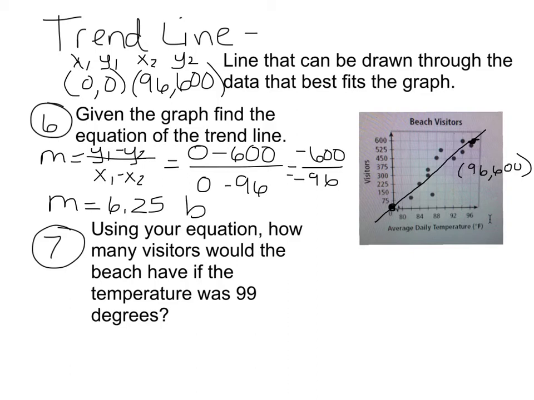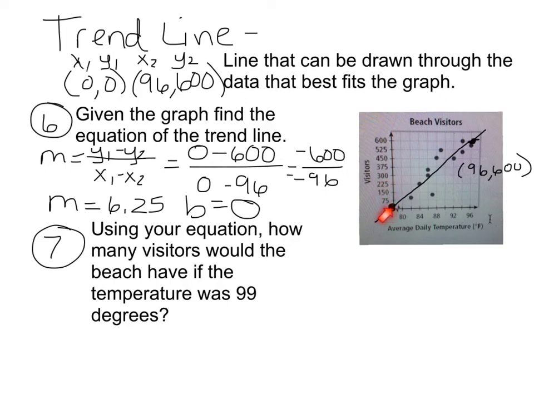Your y-intercept, which remember we abbreviate with b, is where it crosses the y-axis. The y-axis is this one right here, and it's going to cross at 0. Your y-intercept will not always be 0. It just depends on what you get there. Again, I picked 2 points on my graph, 0, 0, because it crosses right here. Always pick the one that's on your y-intercept. So if it were up here, we would have picked 0, 225.